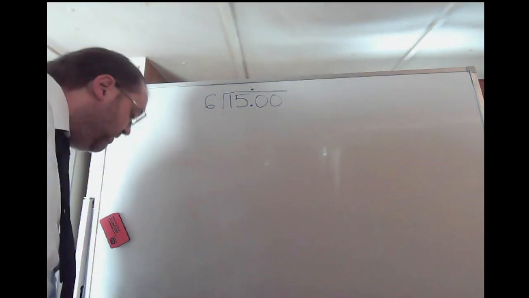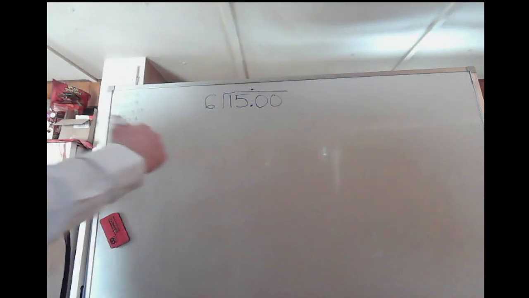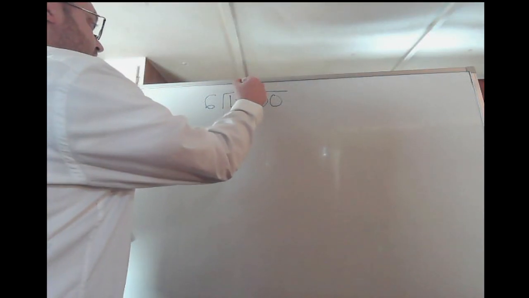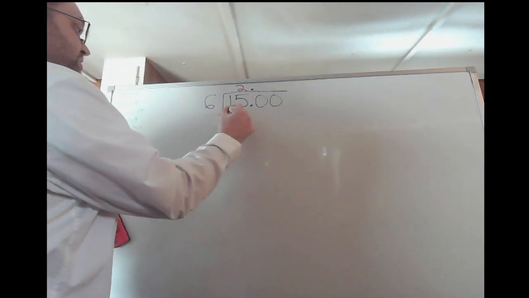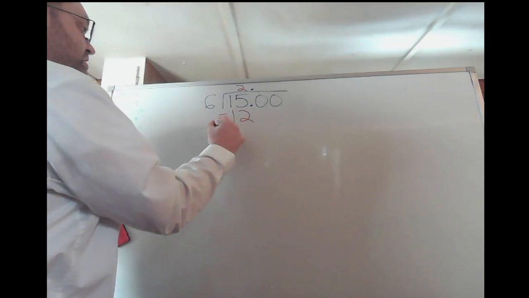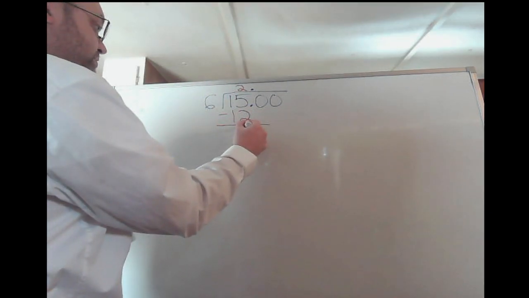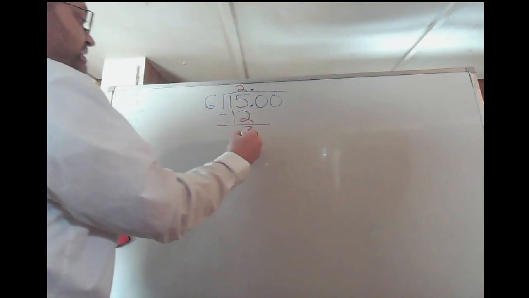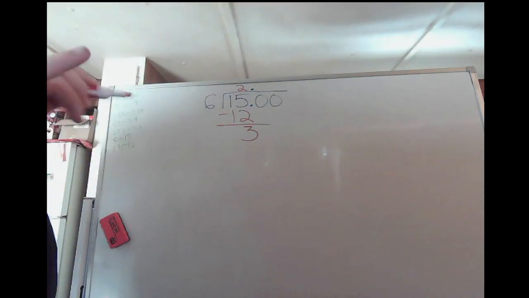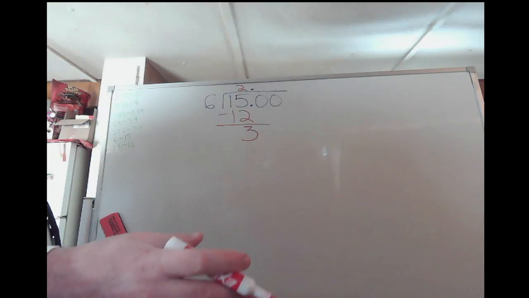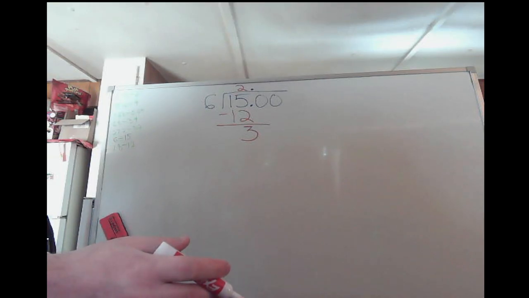So, we can start dividing now. 6 goes into 15 how many times? Twice. 2 times 6, well, that's 12. So then we have 15 minus 12, that's 3. You see, then we would have had a remainder of 3 if we didn't tack on these zeros, which makes it not so nice.